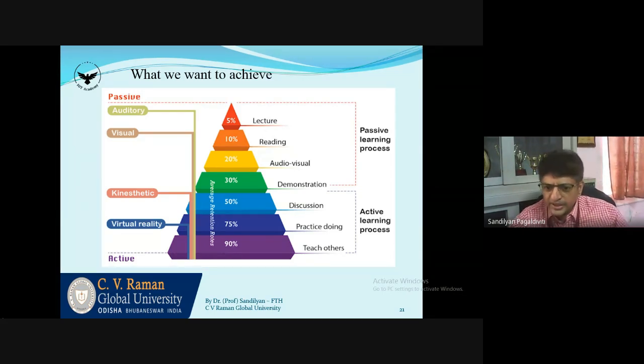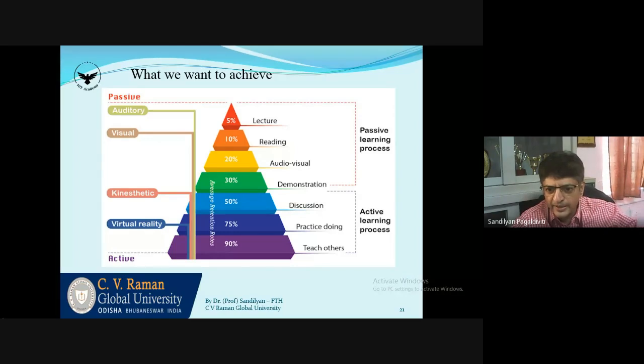So what is it that we want to achieve? Do we want to achieve more lectures, or do we want to achieve more knowledge transfer? If your target is to achieve more knowledge transfer, try to focus on the lower part of the triangle. Try to involve students in teaching others. Try to make them practice doing things.